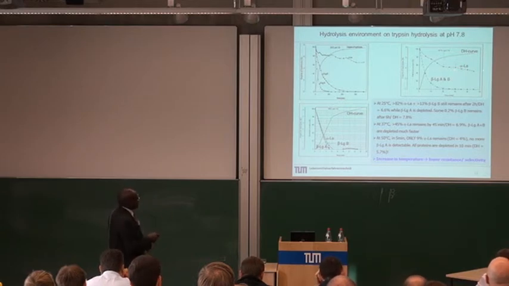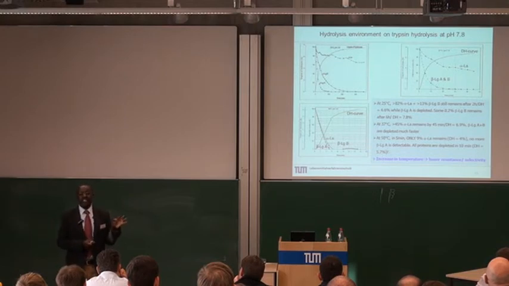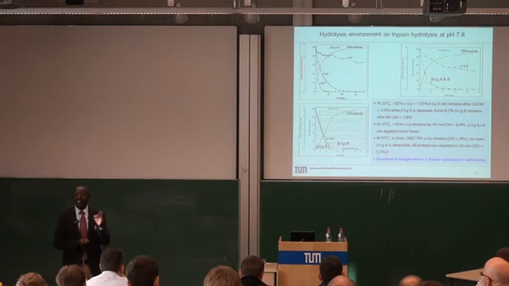It was digested, yes, up to around 44%. Beta-lactoglobulin A and B was depleted by around 40 minutes. At 37 degrees Celsius, pH 7.8, alpha-lactalbumin could not be completely digested by trypsin. Beta-lactoglobulin A and B was completely digested.